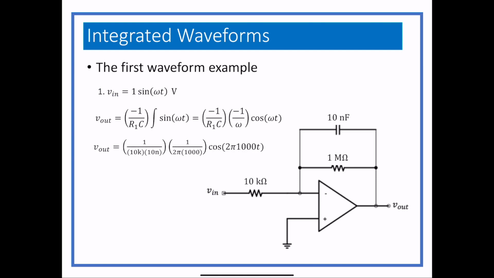And when we do that, we put all the resistor values in, we put the value of the frequency at which we're operating, and we also convert it back to a sine wave, because what we want to see is how it compares to the original. So instead of having a cosine wave at the end, we're actually going to have a sine wave plus 90 degrees. And what we end up with is exactly 1.58 times sine 2 pi 1000 t plus 90 degrees, which means that we end up with exactly what we thought we would.